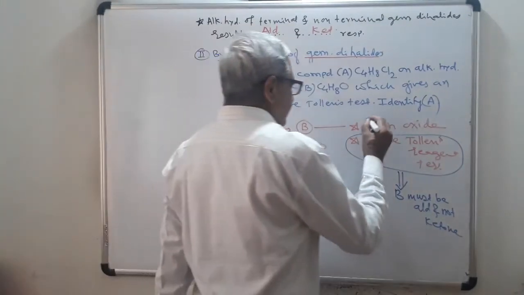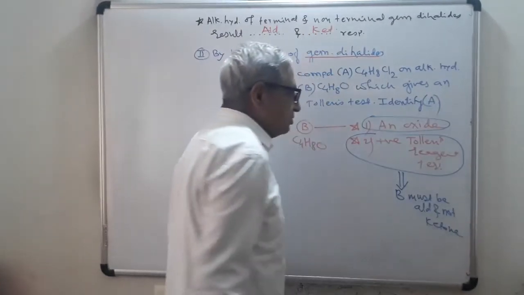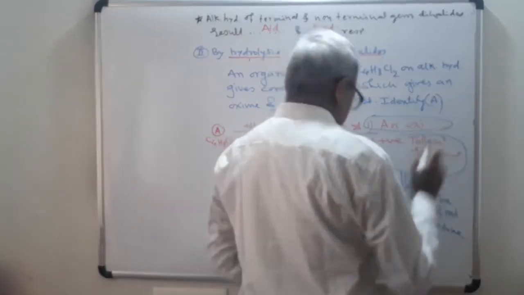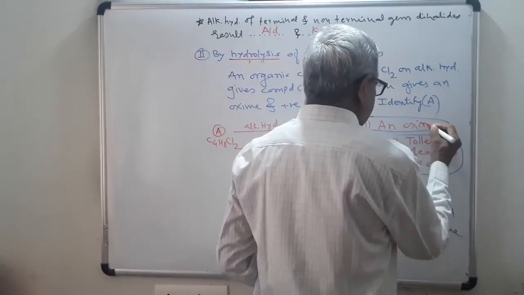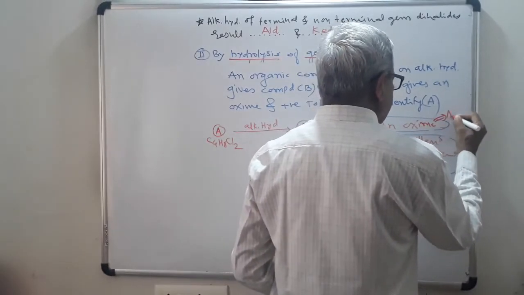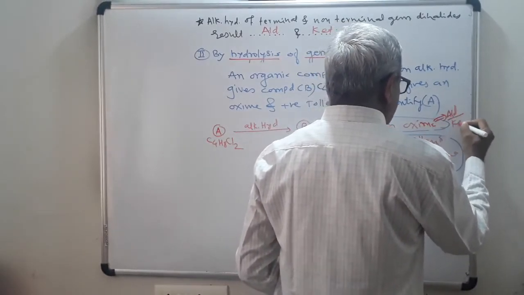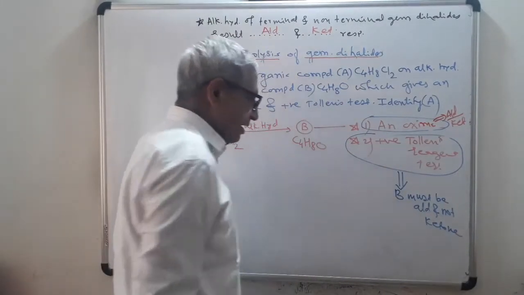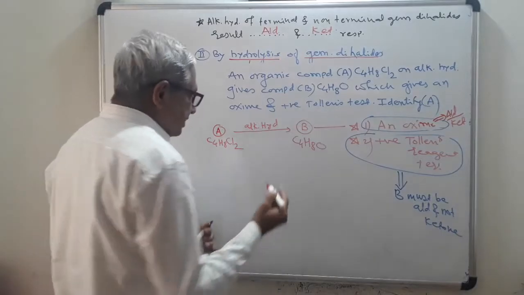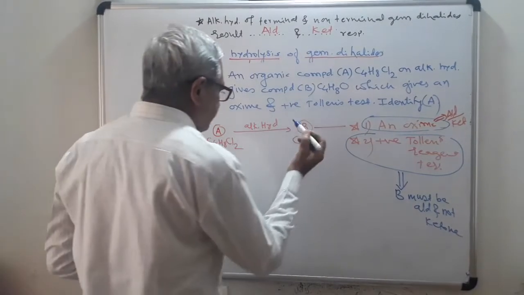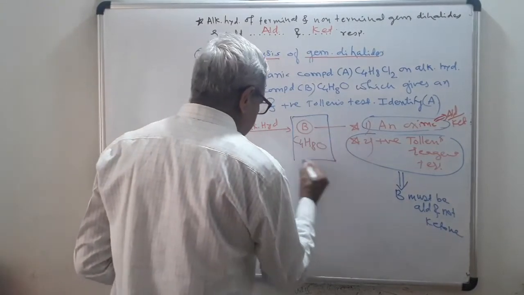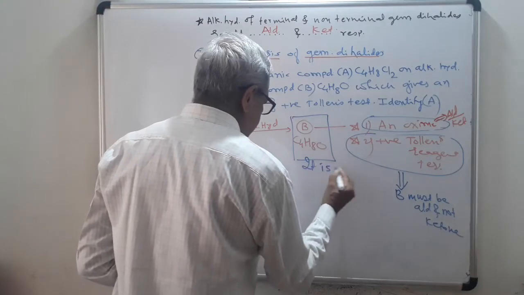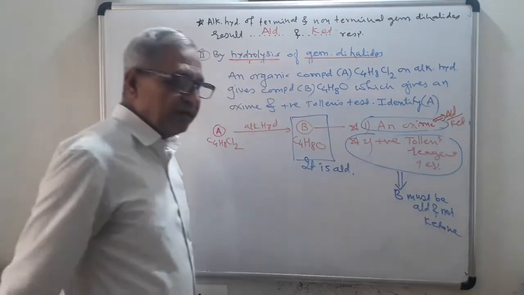The first test indicates the formation of oxime. It indicates it may be aldehyde or ketone, but the second test indicates it must be aldehyde. So we can say that B must be aldehyde and not ketone.